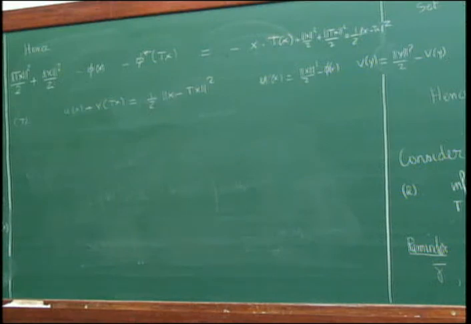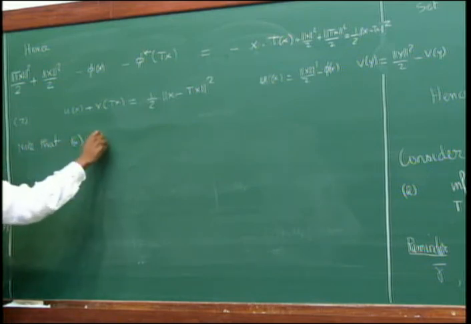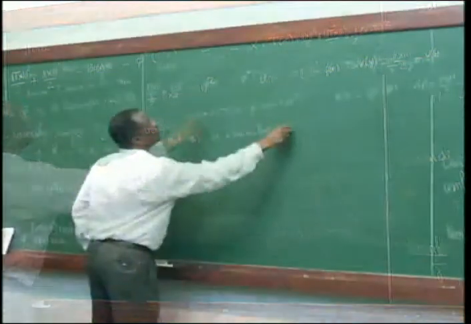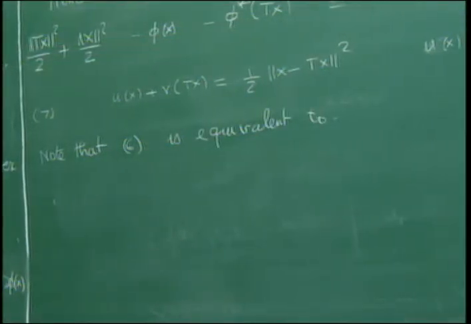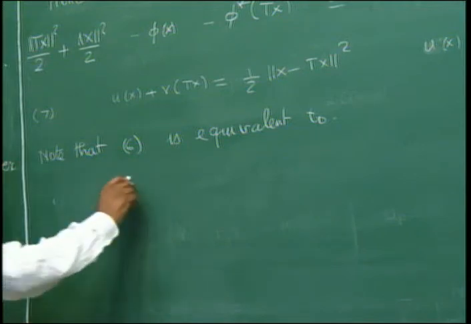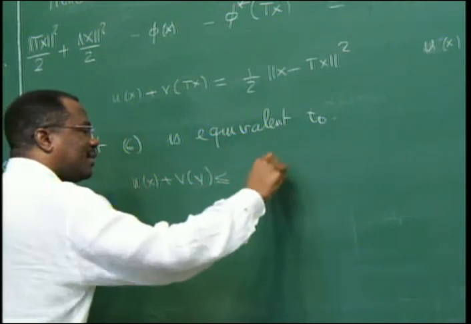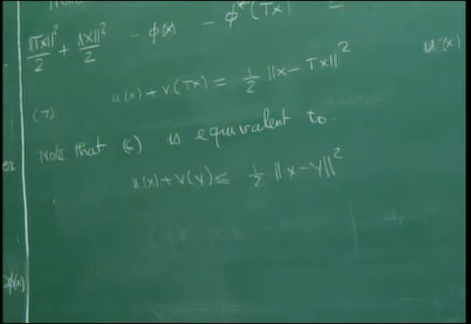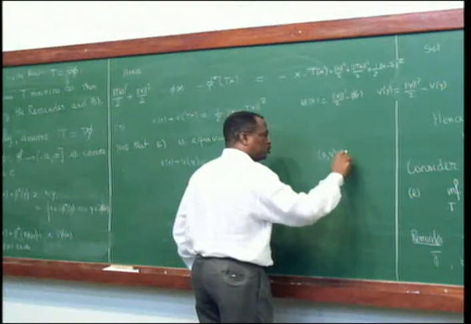Now, this equation is equivalent to the inequality, so I am going to replace equality by inequality. And if I do that, you see that it is equivalent to u of x plus v of y less than or equal to one half |x minus y| squared. And so this means that (u, v) belong to Uc.